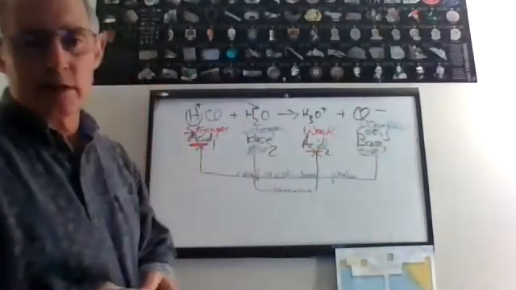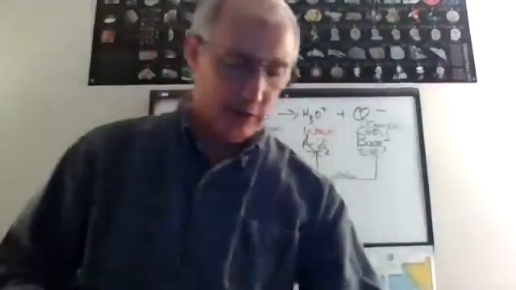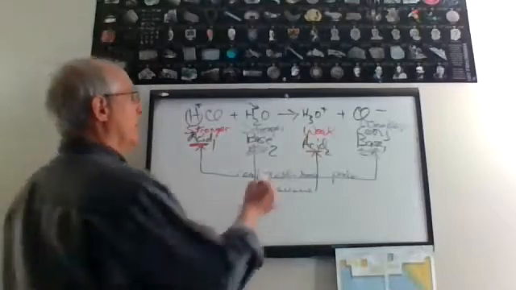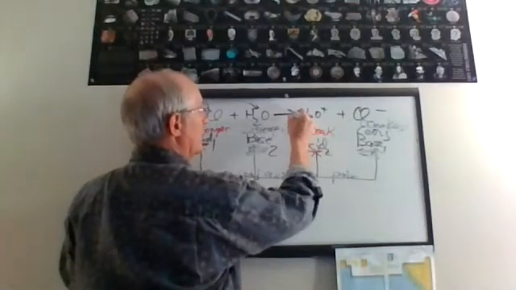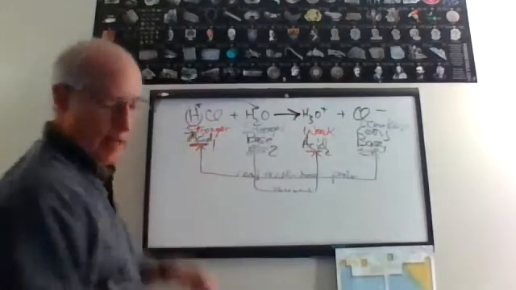Now, which way is the equation dominant? I would like you to look at that last italicized sentence on the bottom of this page. It says, proton transfer reactions favor the production of the weaker acid and the weaker base. So the dominant direction is toward the weaker side, and that's why that arrow is going that way. And it's 100% ionized because this is a strong acid.